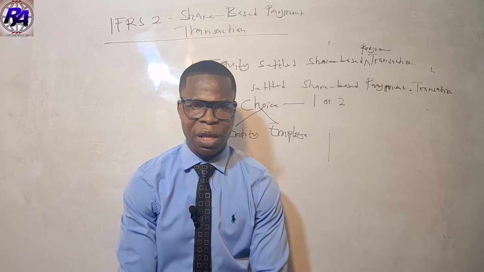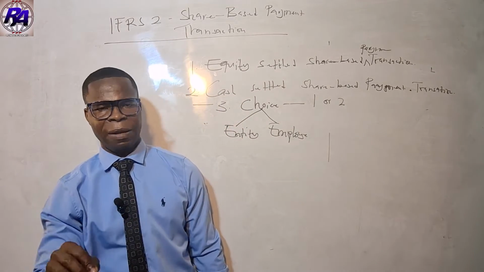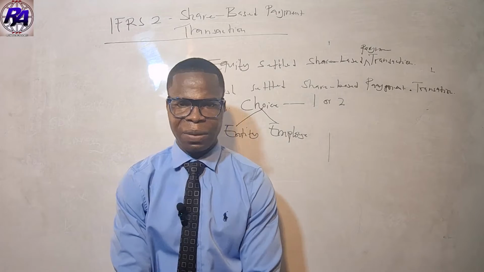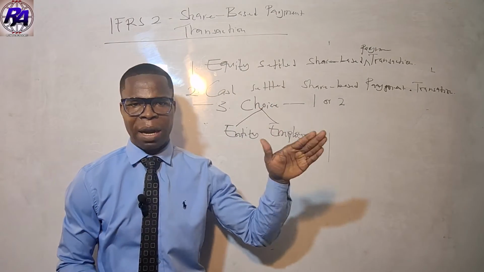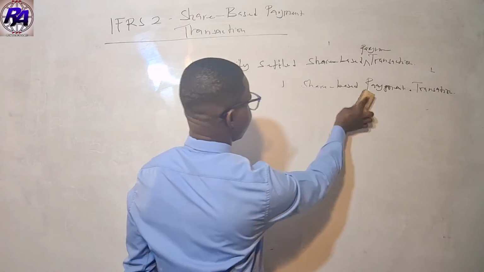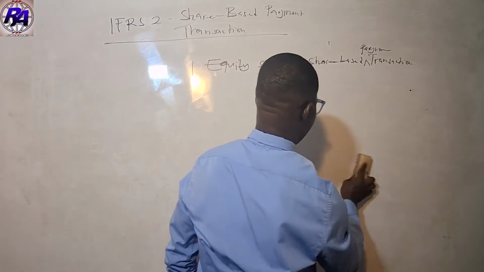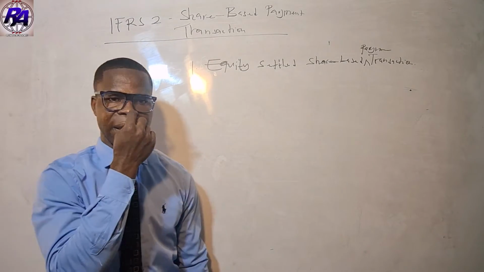When that happens, we are saying that is a cash settled share-based payment. Having understood the two, we now want to take them one by one, starting with the first one, equity settled share-based payment transaction.